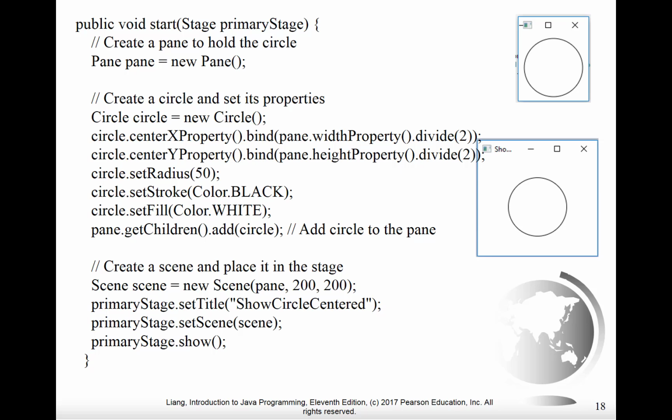And dynamically, as we resize the window when the application is running, this will continuously update the centerX property and the centerY property of the circle so that it always stays in the center of the window. We'll now go out to the Eclipse IDE and give this demonstration a try.